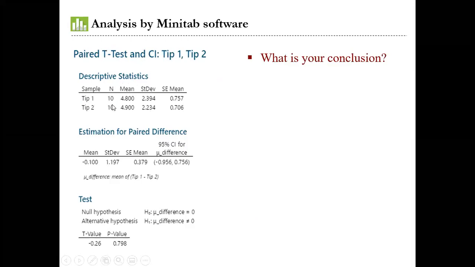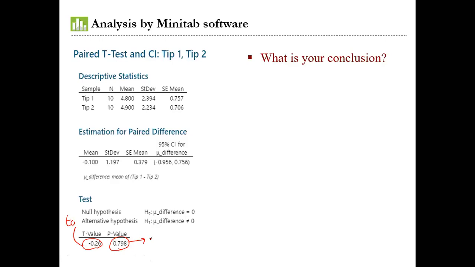So this is N1, N2, Y1 bar, Y2 bar, S1, S2, and the confidence interval for the difference, and also information about testing. See the same T value, this one is T0, and this one is the P value.